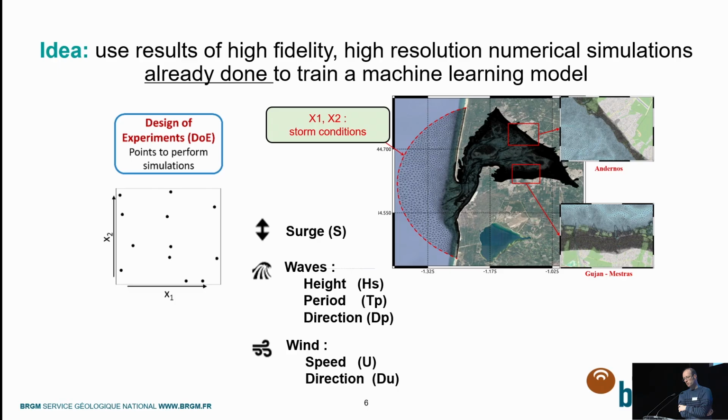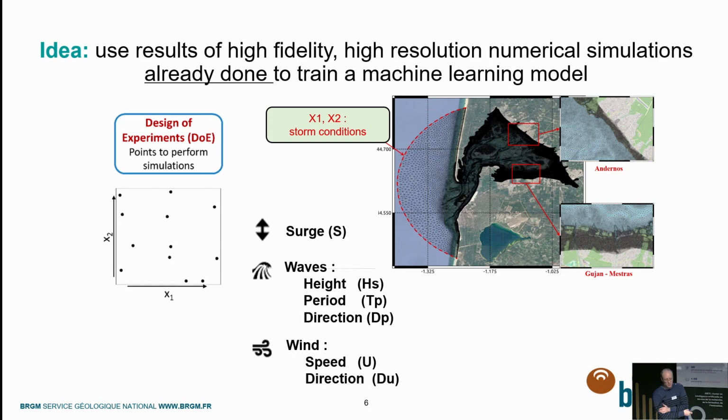So this surrogate modeling approach starts with a simple step, which is called the design of experiment. I have to build my database of numerical simulations. That's represented schematically by the dots that you can see there in the space of the input conditions. And for me, the input conditions are what I show there in red.